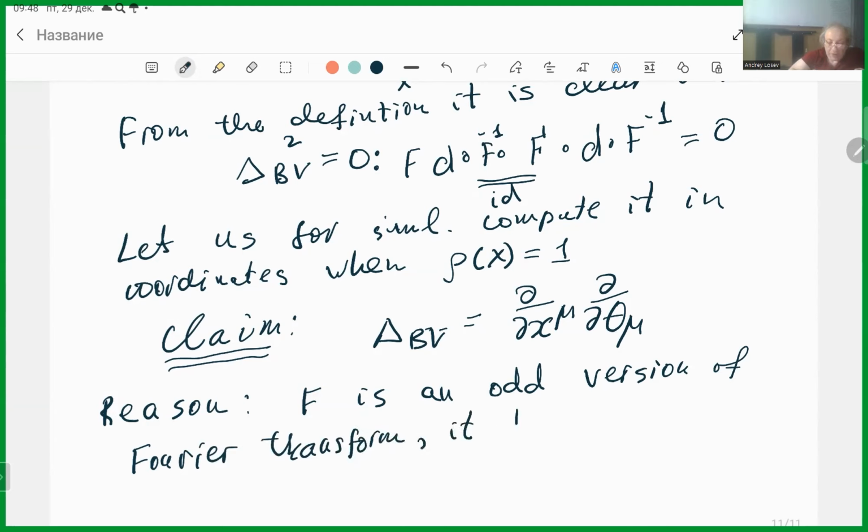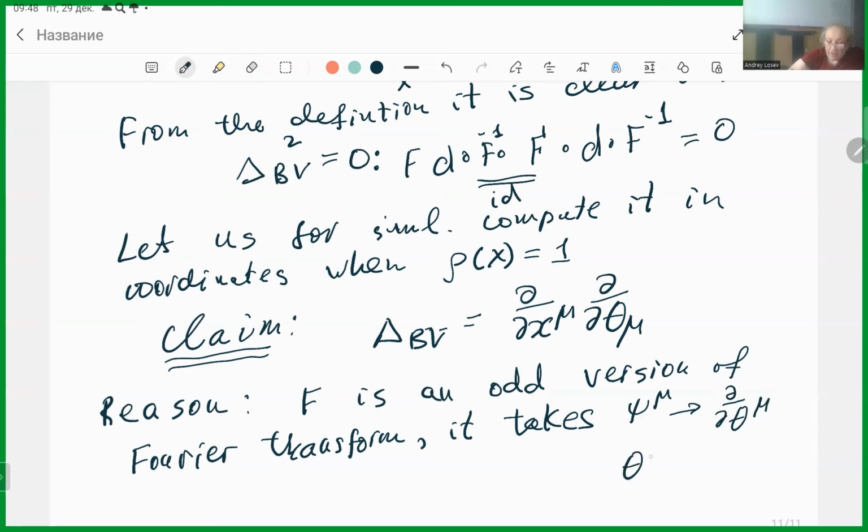So it takes psi mu to d over d theta mu.